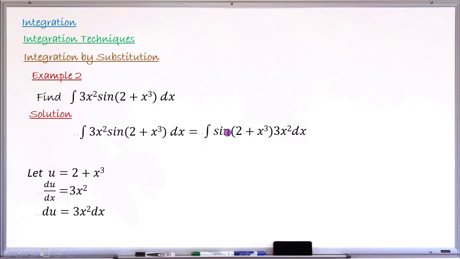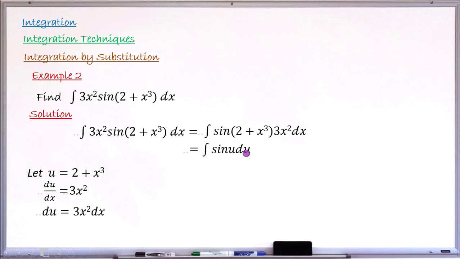So it is now going to be sine u. Then instead of 3x squared dx, which I have here, is nothing but du. So this now reduces to the integral of sine u du. So my work now reduces to finding the integral of this function sine u with respect to u.